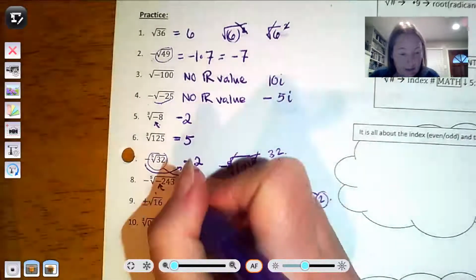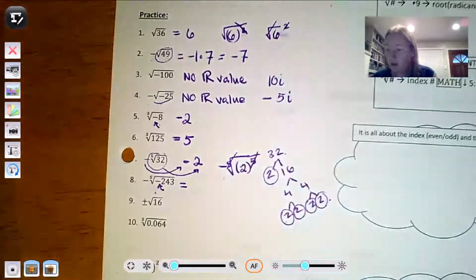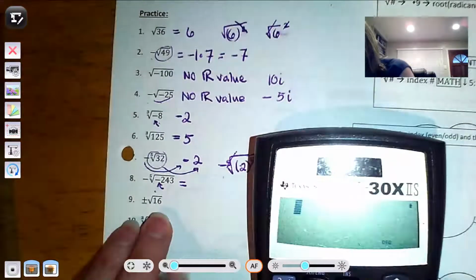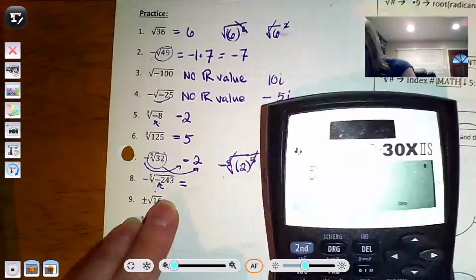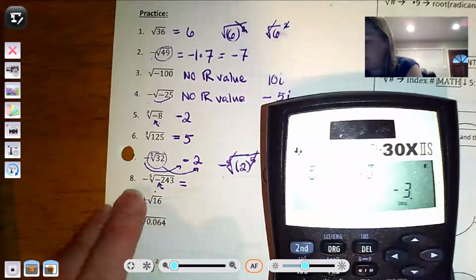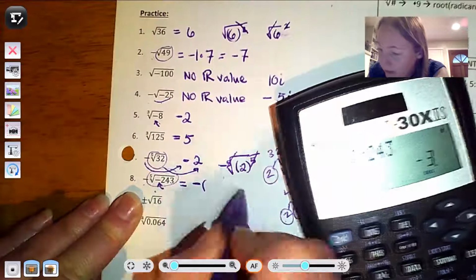So this ends up being 243. Again, if we want to try this out, 5th root of negative 243. It says negative 3, but I had this negative out front, so it's negative, and then this is negative 3.